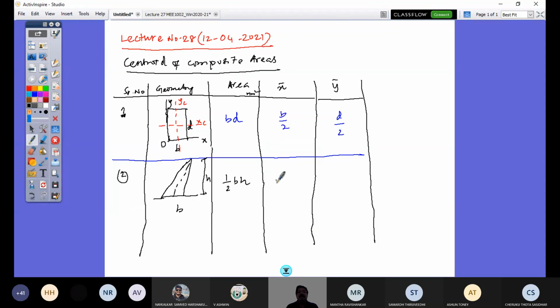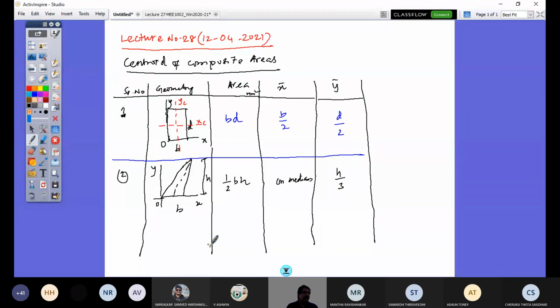To get the centroid, I need a reference, so let me take the triangle with axes x, y and origin O. The centroid is located on the median, because the median connects the vertex to the midpoint of the base. Along this it is y bar, that is h by 3.